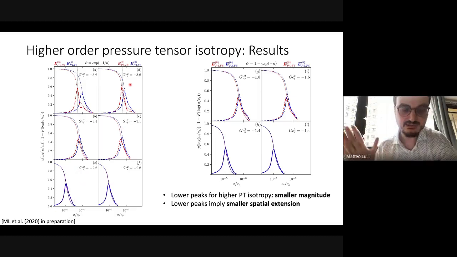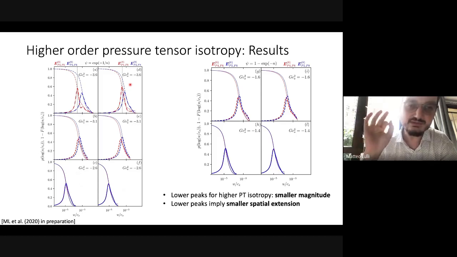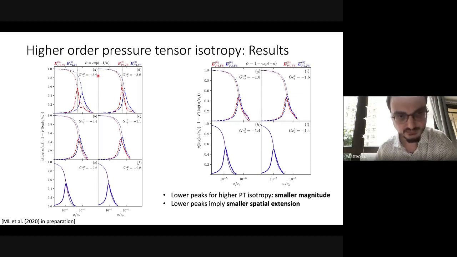But the fact that the peak is further on the left is very important, because it tells us not only that the magnitude is less, but also that the extension is less. Because if one looks at 1 minus the cumulative distribution, basically we can say that looking at this peak, roughly 60% of the system has a velocity that is larger than this value, whereas for the previously proposed case, almost 90% of the system has a velocity larger than that one.